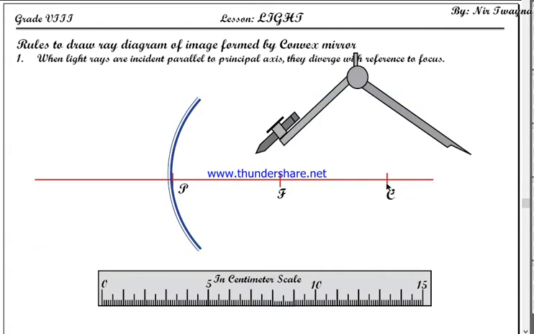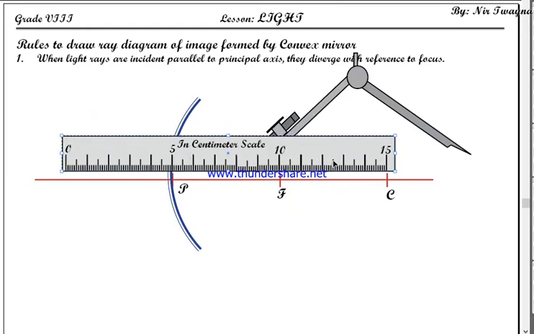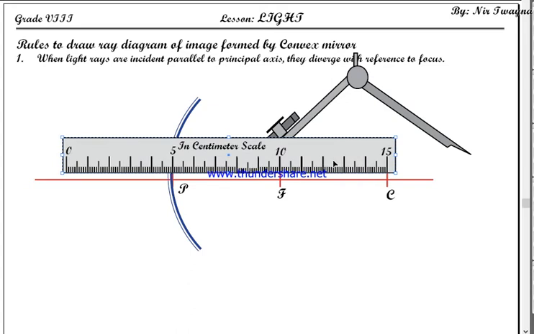Now at the rightmost point, take a random point which is labeled as C, and then take out your scale. Exactly at 5 centimeter take another point. From right side it would be like 15 to 10, isn't it?